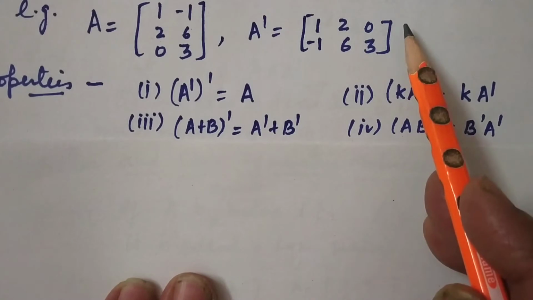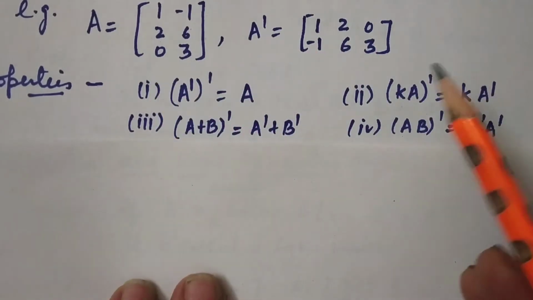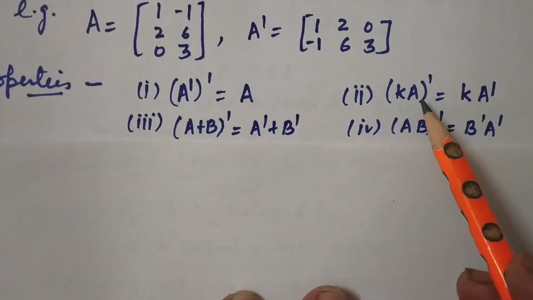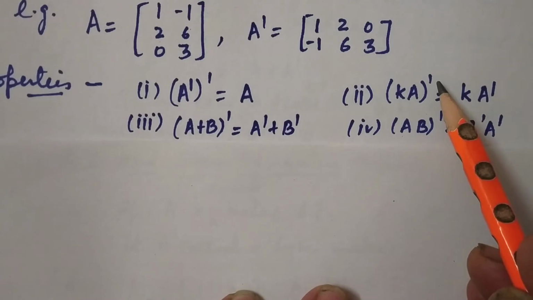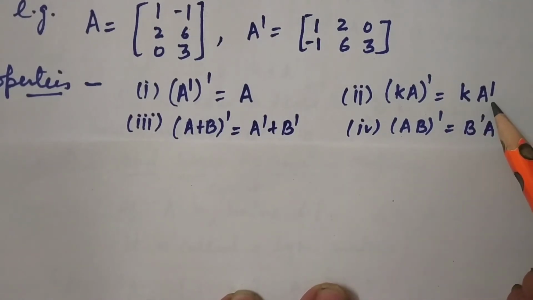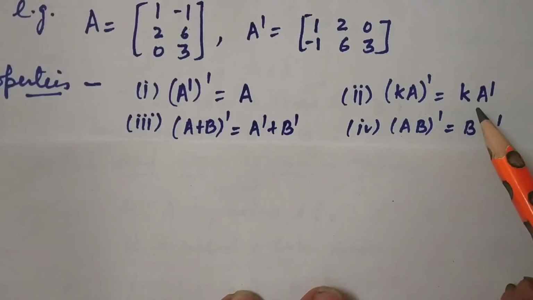Again, if I find its transpose, then I'll get the matrix A again. Second, if any scalar is multiplied to a matrix and then the transpose is taken, it is the same as if the transpose of the matrix is multiplied by the scalar quantity k.